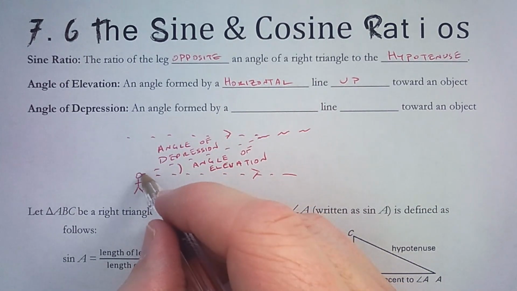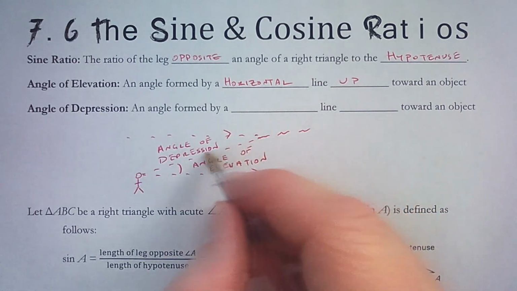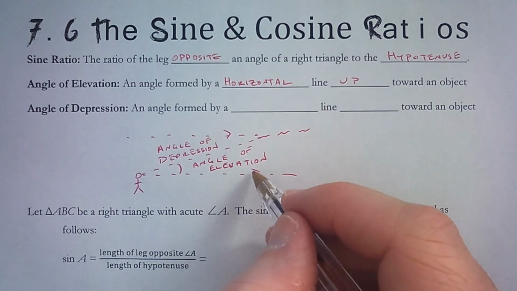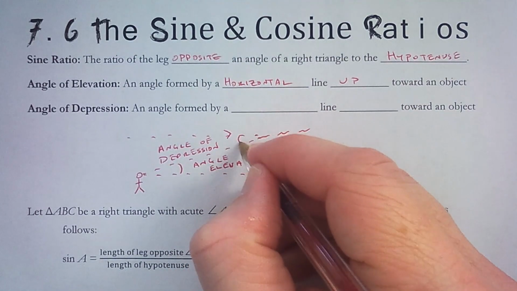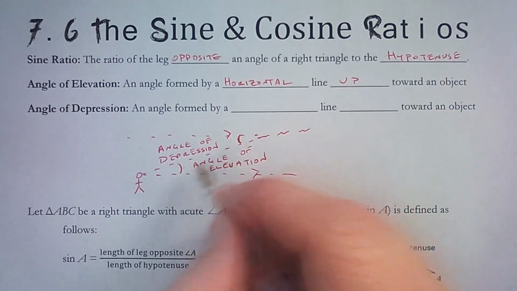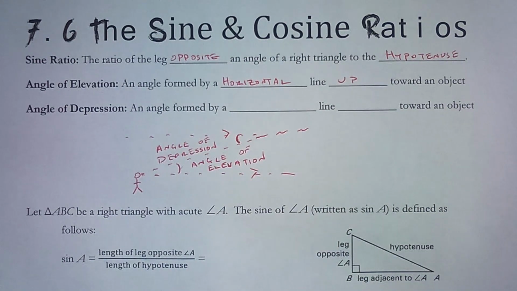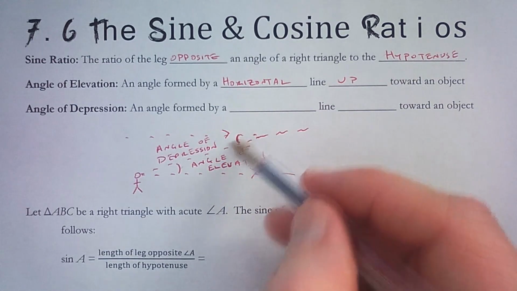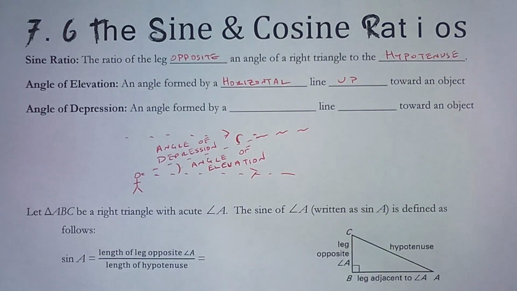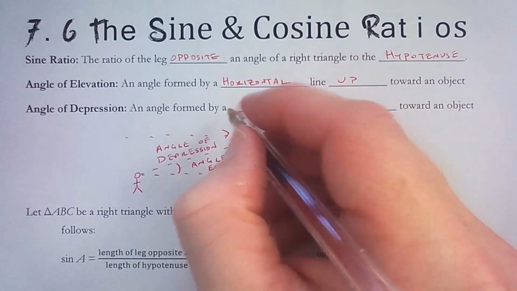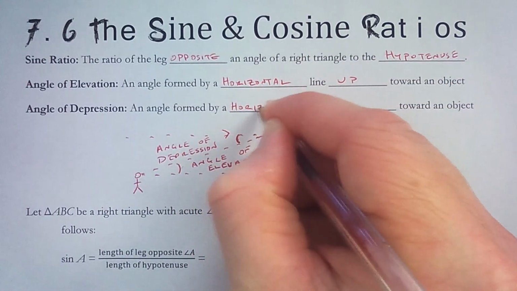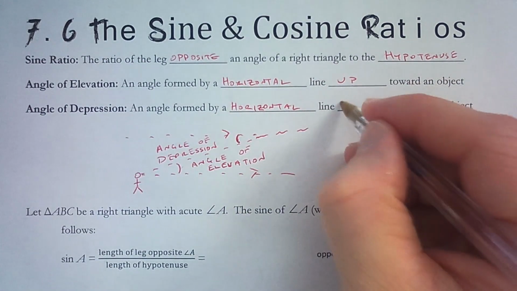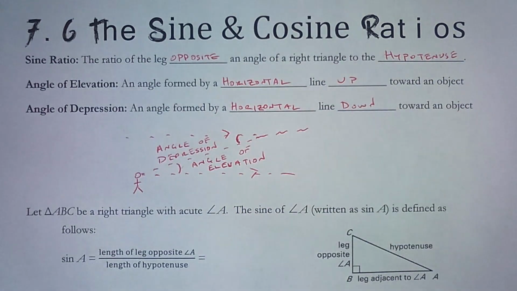And this line between your eyes and the birds is a transversal that intersects both of these parallel lines. And these alternate interior angles formed by the angles of elevation and depression will be congruent. So within a particular picture, the angle of elevation and angle of depression will always be congruent. So the angle of depression is formed by a horizontal line, just like the angle of elevation. The only difference is that it goes down toward an object.